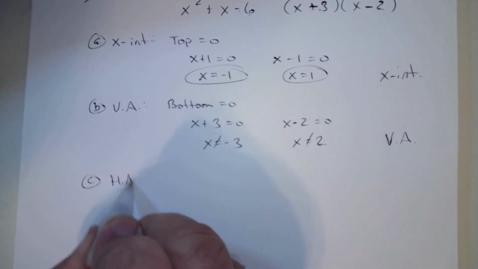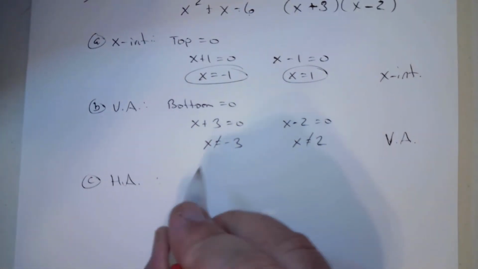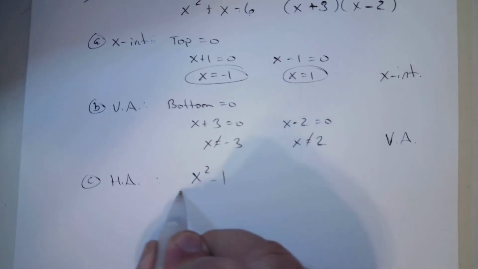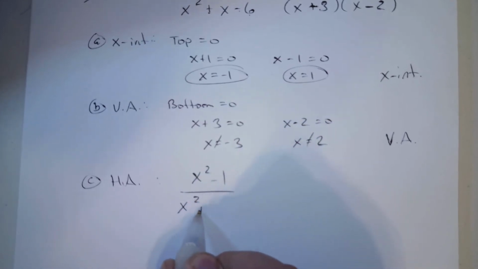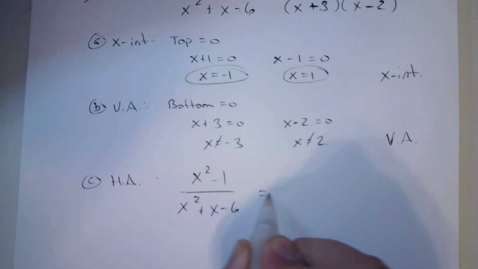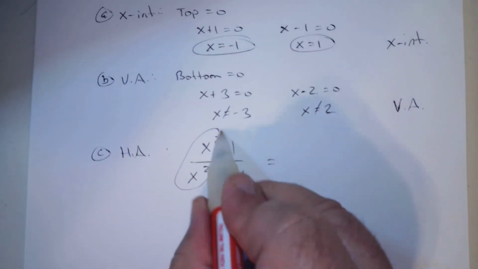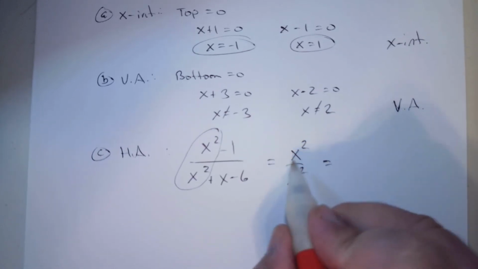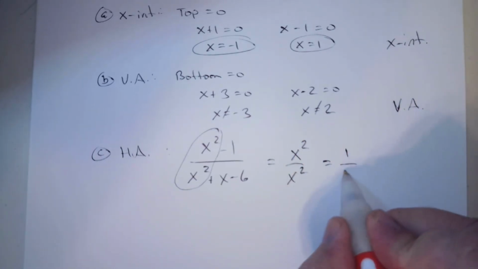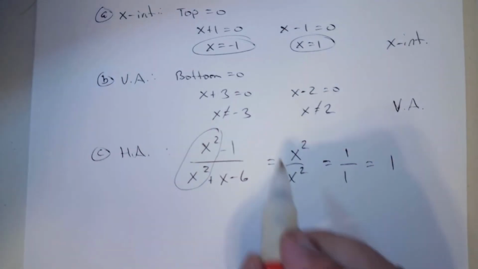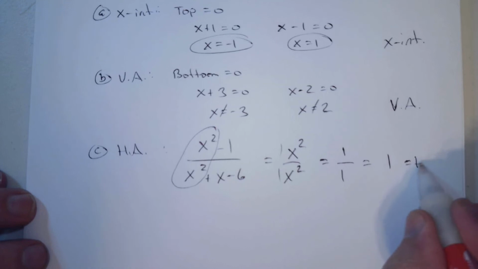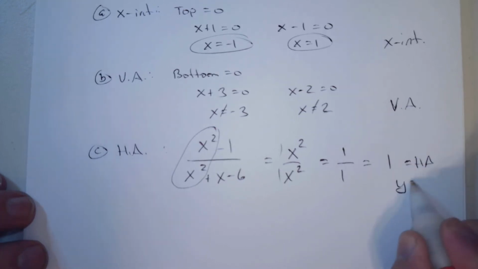Let's look at the horizontal asymptote, where all we need are the leading coefficients. So the leading coefficients, x squared over x squared, since they're the same, it's just the coefficients. So the horizontal asymptote is the line y equals 1.